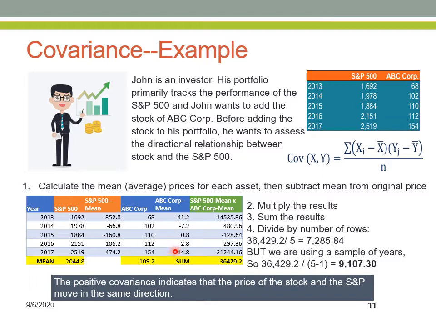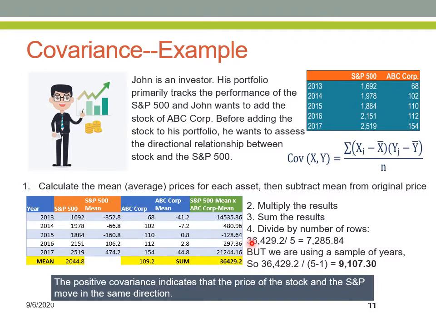So then instead of taking the sum of squares, though, we multiply this by this column, and then we sum our results here, and that's what we get.